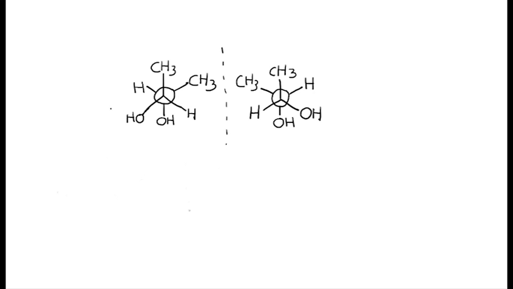I'm gonna focus on the Newman projection on the left, and as you can see in carbon 2 the methyl group is going up, the hydrogen is on the right, the OH group is on the left, and so I'm gonna draw this as a Sawhorse projection, and I'm gonna draw the methyl group coming out of the page, the H group receding away, and the OH group on the plane of the paper.